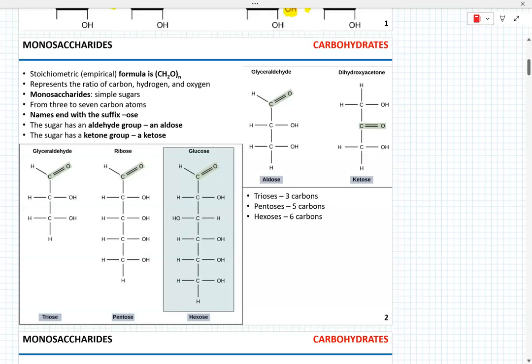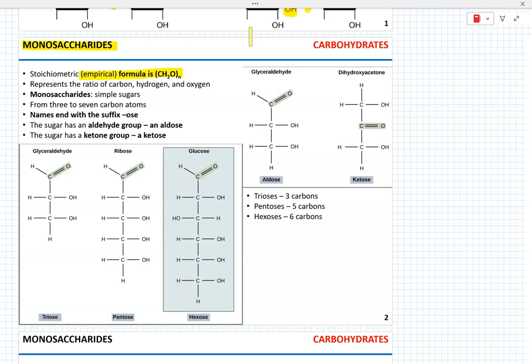The first group of biological macromolecules are carbohydrates, starting with monosaccharides. The empirical formula is CH2O taken n times, and will depend on how large or how small the monosaccharide is.